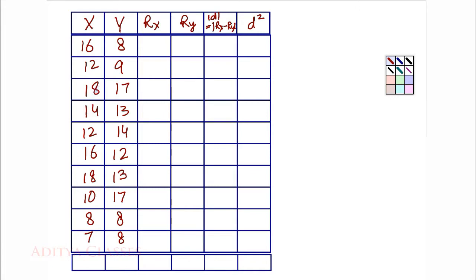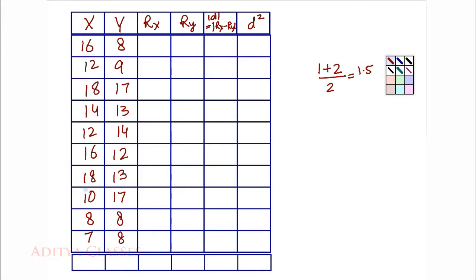What I'll do is write down the ranks for which they are battling it out. First and second rank. They both are tied for first and second rank, and I'll award them the average of those. So there are two elements fighting for the same spot. I'll take the average, and that comes as 1.5.